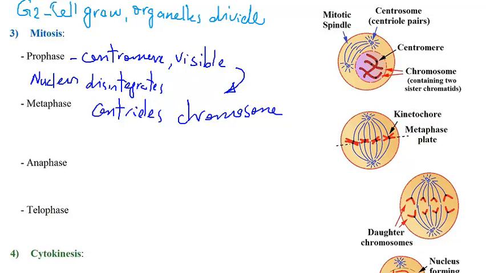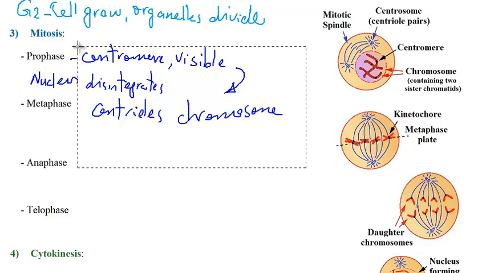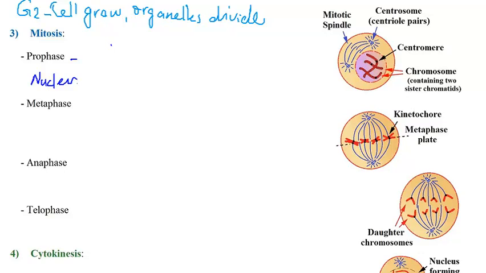The next phase is called metaphase, and metaphase is the time where the paired chromosomes come to the center of the cell, which is called the metaphase plate. So during this time, pairs of chromatids line up at the center of the cell.